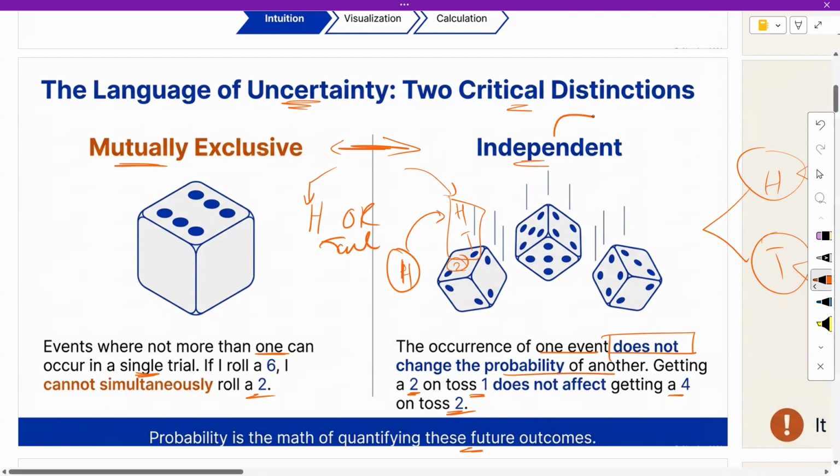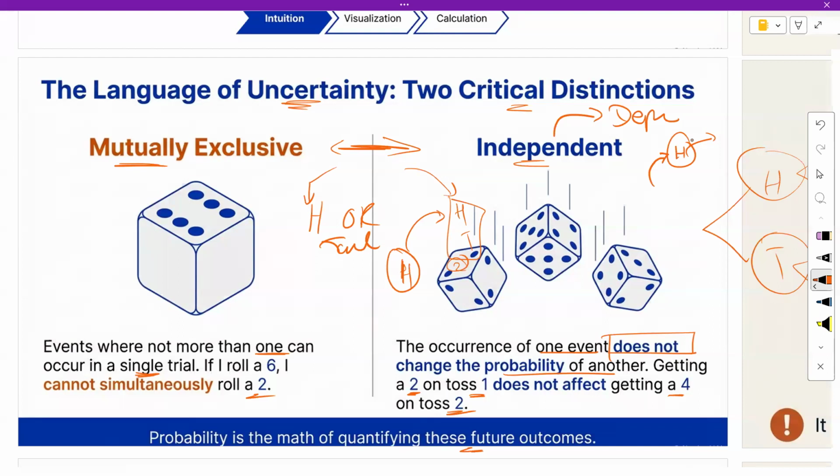The opposite of independent is dependent. For example, when you toss a coin the first time and get head, does the outcome impact the next toss? That would be dependent. But it never happens. First toss and second toss have no connection, no relation. The first toss does not impact the next toss outcome.